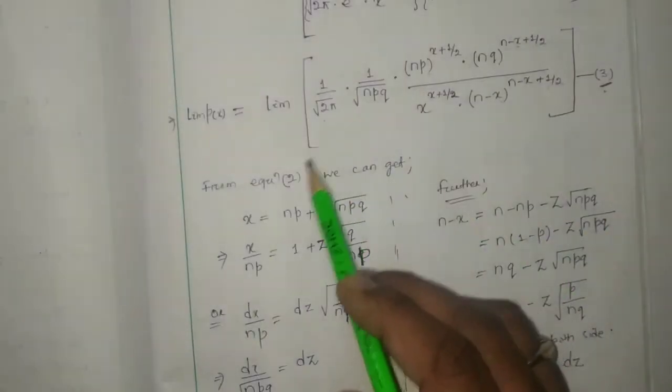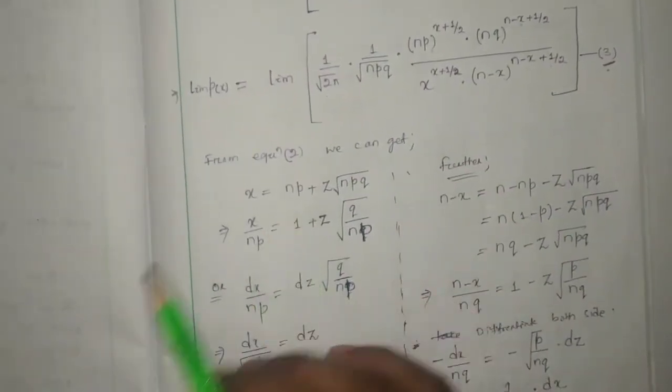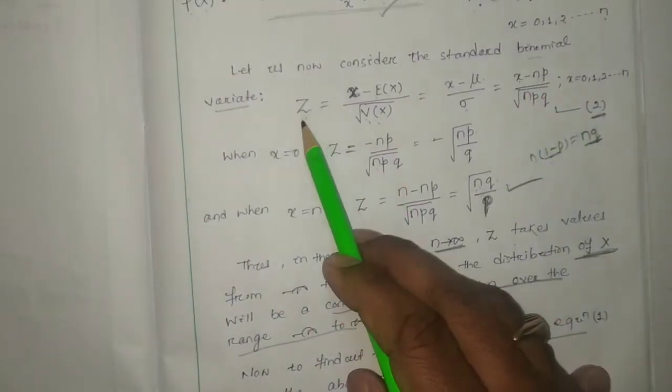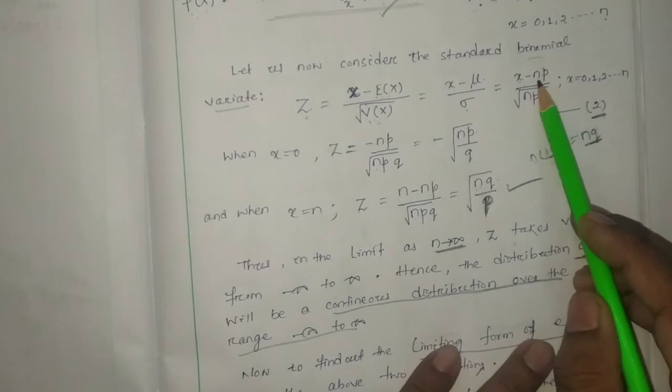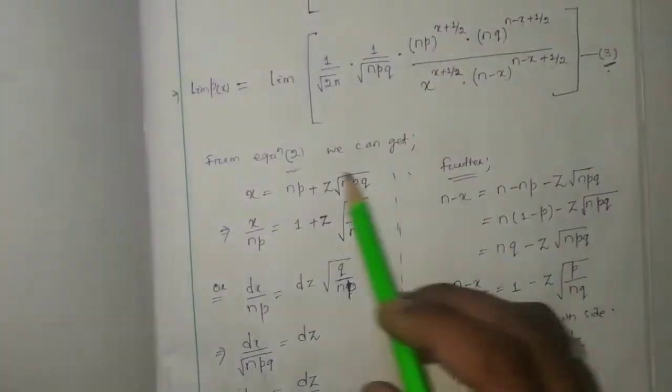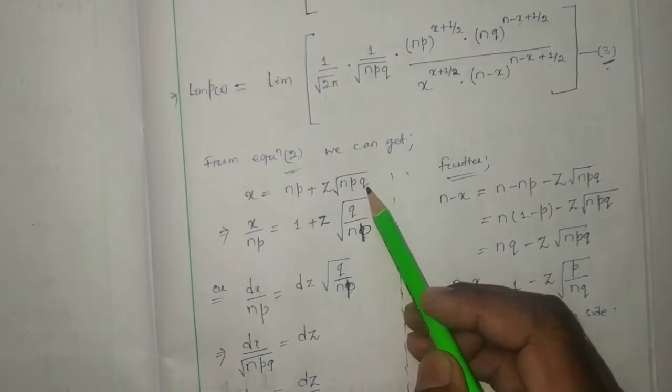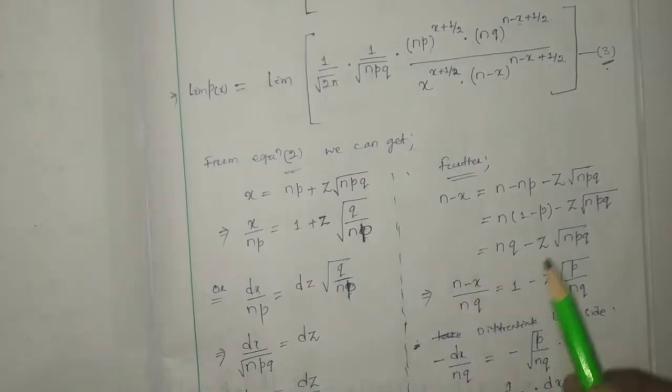So from that equation number 2, x will be how much? x will be z into root npq plus np, right? So x will be np plus z into root over of npq, right?